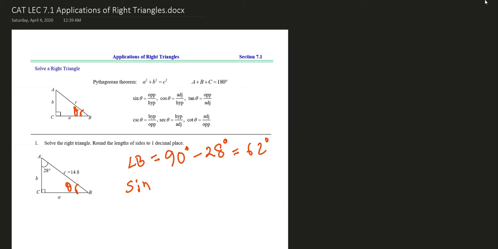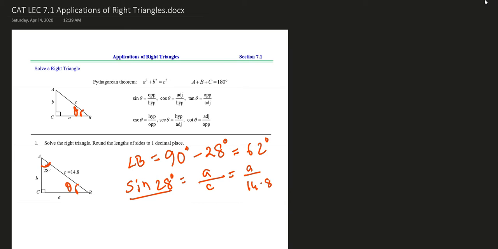So sine of 28 degrees equals A. If we consider this is our acute angle, then BC or CB will be the opposite, and the hypotenuse will not change. So it's 14.8, or we can write A over 14.8, and then using a calculator we can find the value of sine 28 degrees.